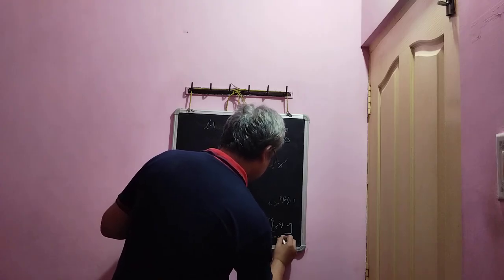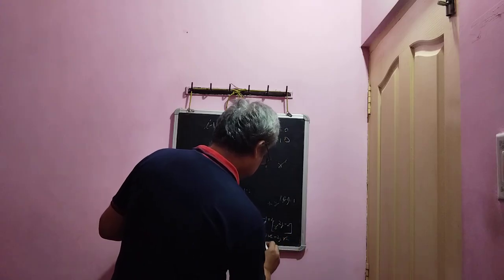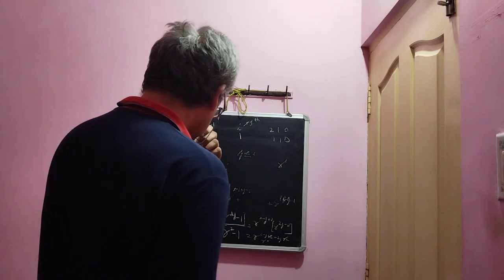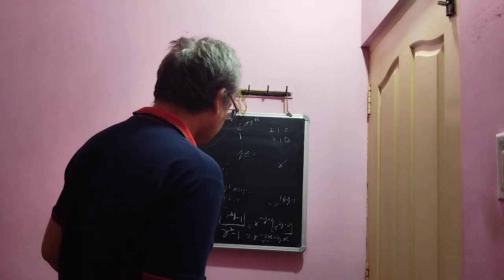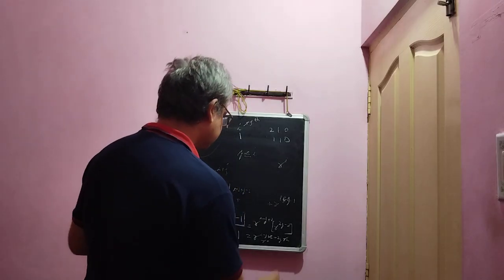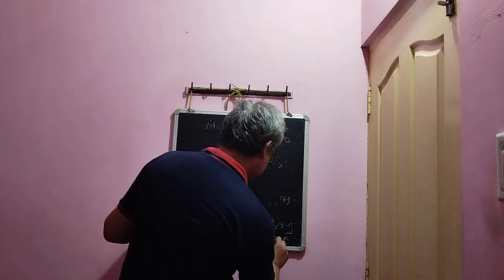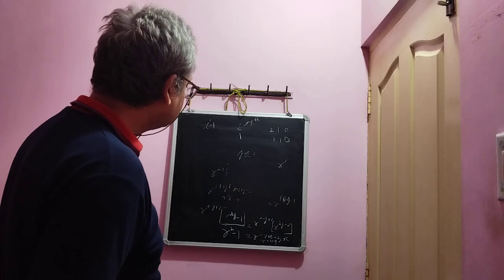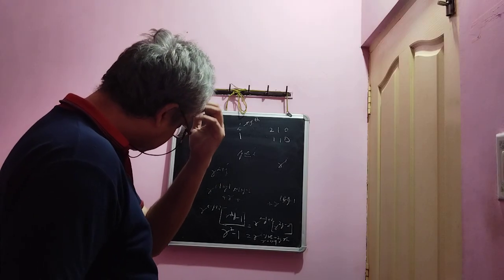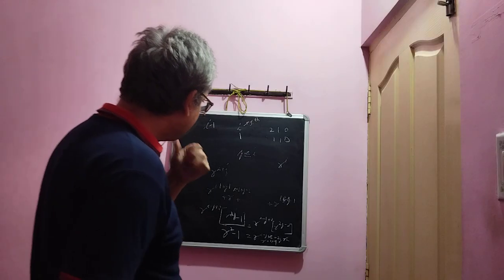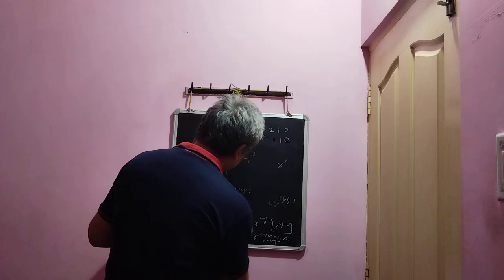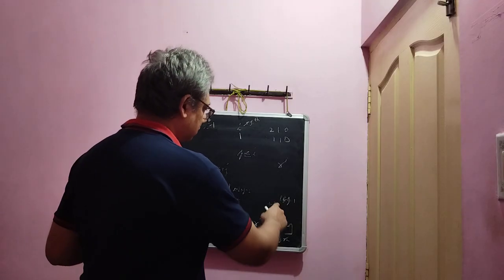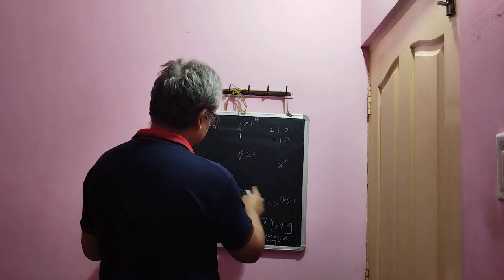This will be r power 2 into j minus 1 here, because if we take the first term out, there are in all j minus 1 terms here.